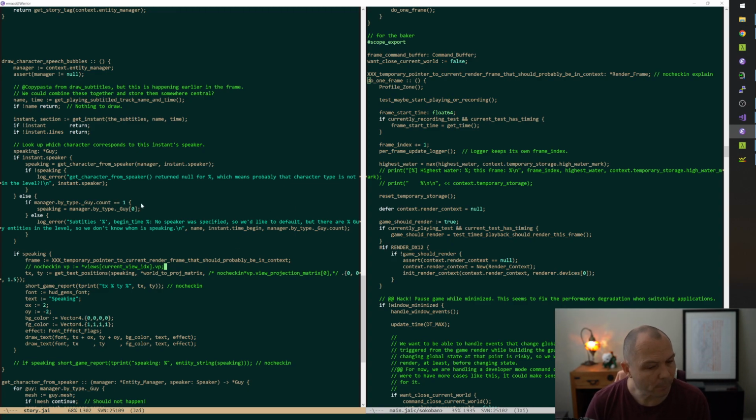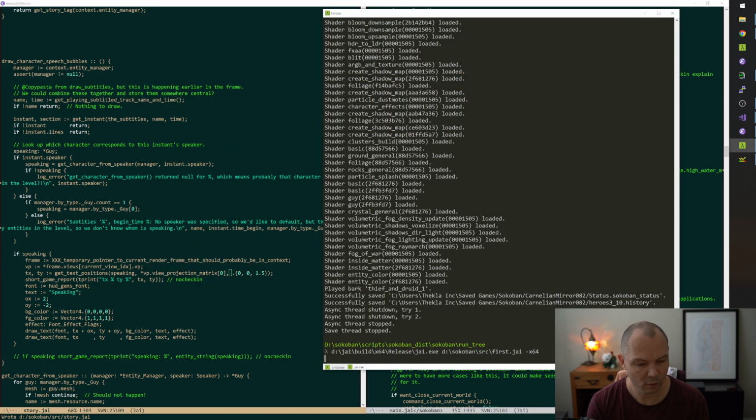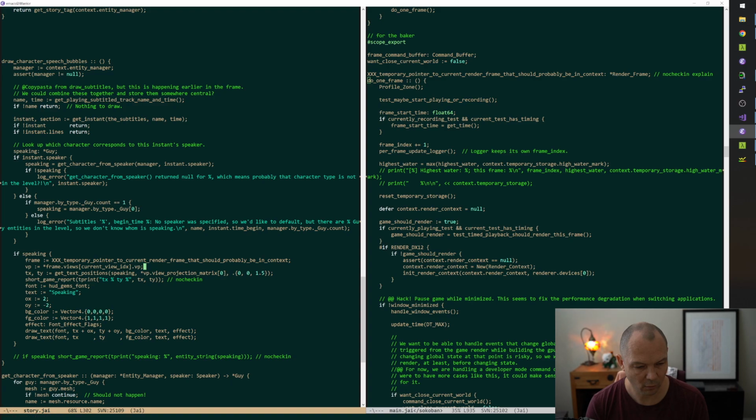But for now, we're going to do this. And this still may not give us the right value for all I know, but hopefully it will. Current view IDX.